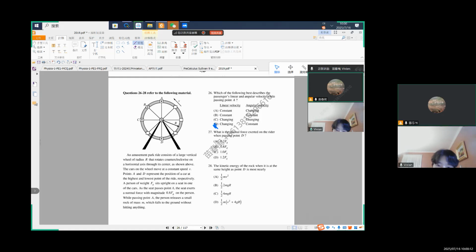Passing through point D, the normal force. Normal force is the same, right? Oh, actually, wait. Probably not, right? Because the speed doesn't change.